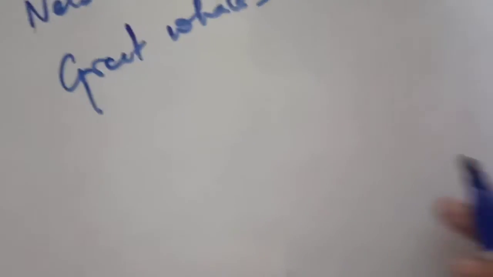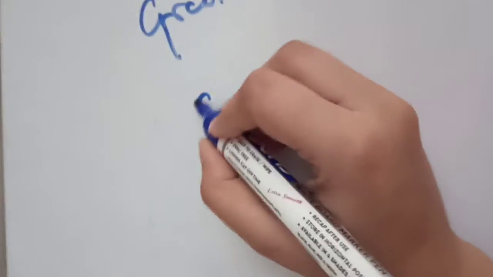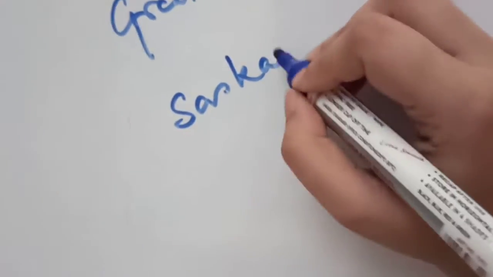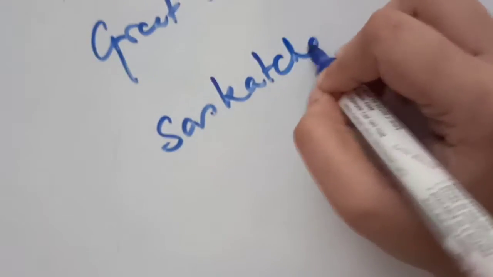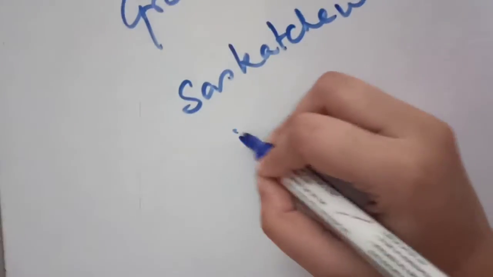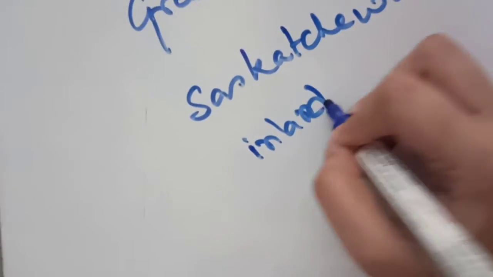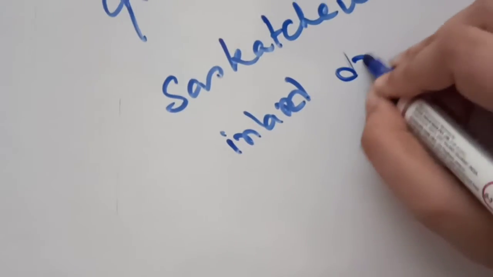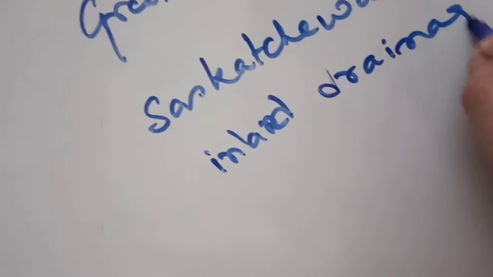Among all these rivers, Saskatchewan and the Red are the example of inland drainage system.